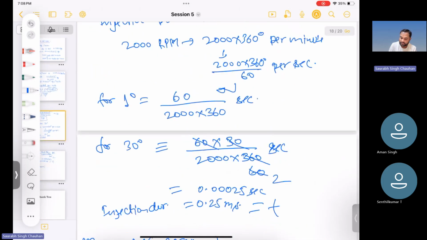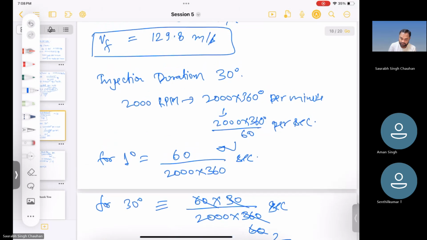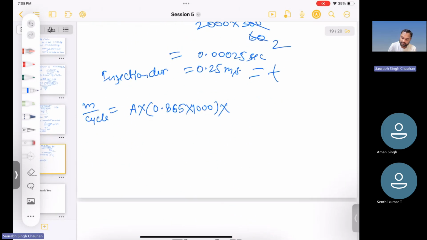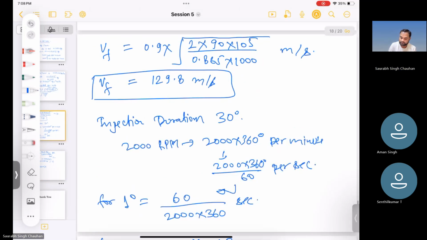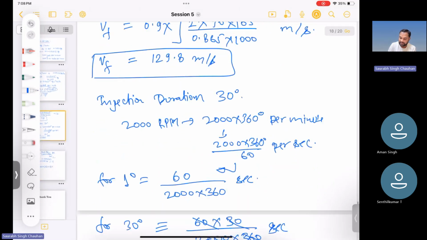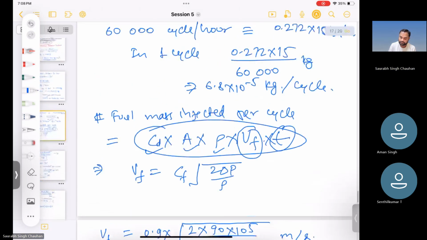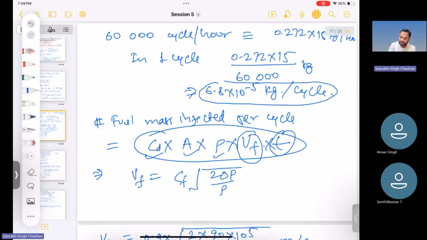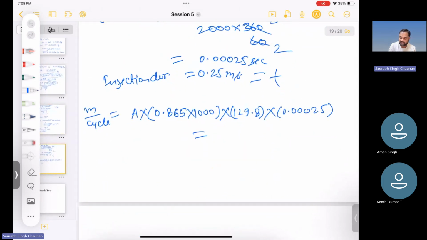This is the density, and velocity we have just calculated is 129.8 meter per second. And time we have just got is 0.00025 seconds. This should be equal to 6.8 into 10 to the power minus 5 kilogram per cycle, correct.